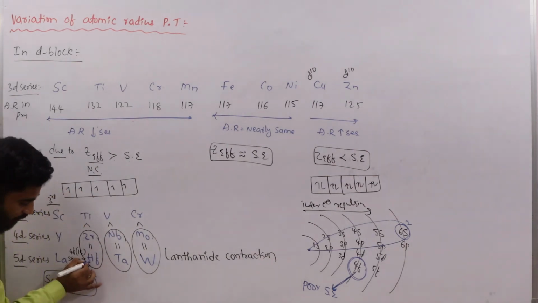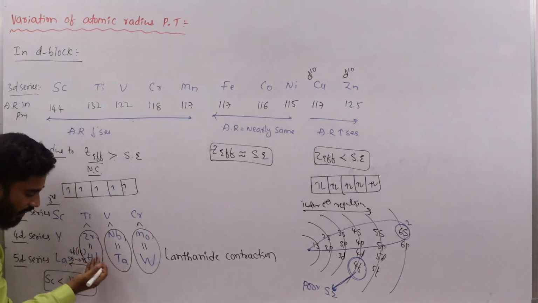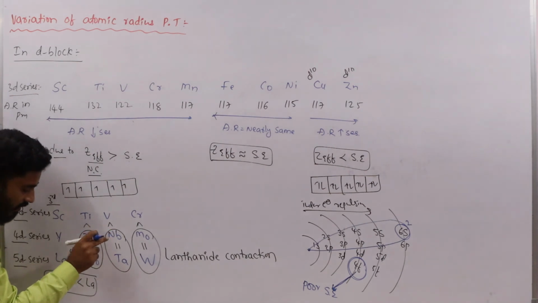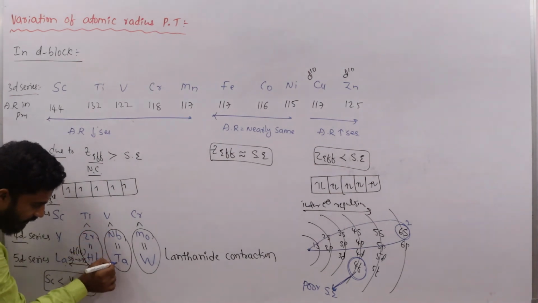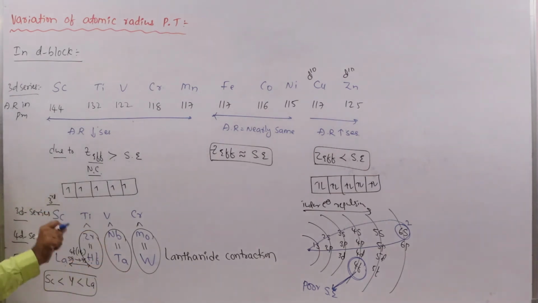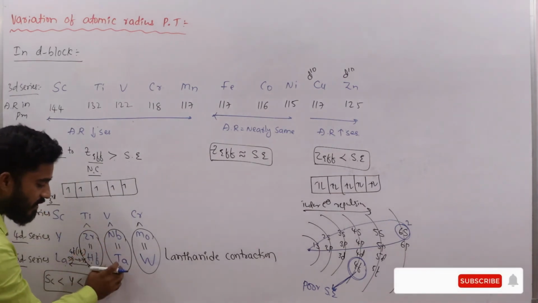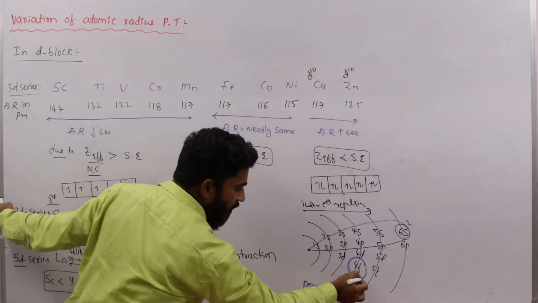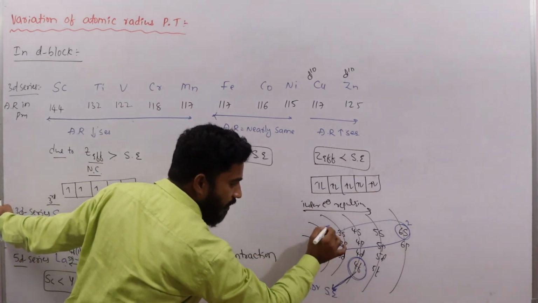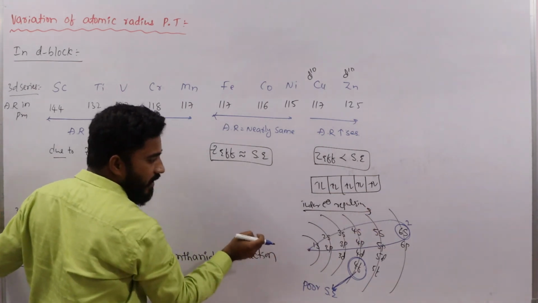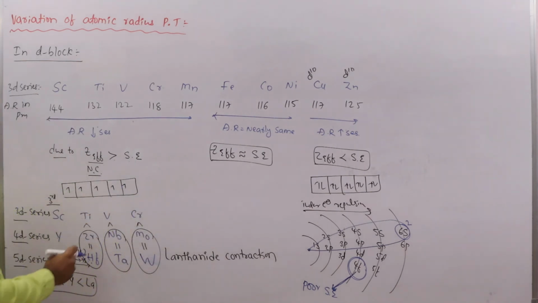That's why osmium size, which we are expecting to be more, decreases due to the lanthanide contraction, and tantalum and tungsten sizes are also smaller than expected. We are expecting more size, but size decreases due to the poor shielding of the 4f orbital. The nucleus attracts the electrons very strongly, so size decreases.